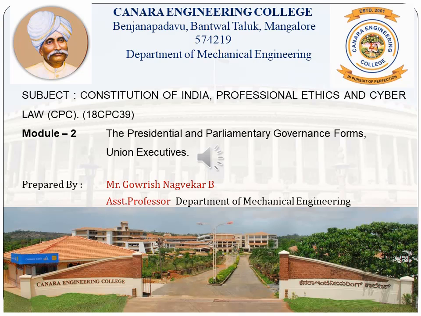How are the union executives elected? What is the minimum required qualification to be eligible to contest for the house or the office of the union executive? How the power is shared and the responsibilities are shared between the various officers of the union executive will be seen in this video.